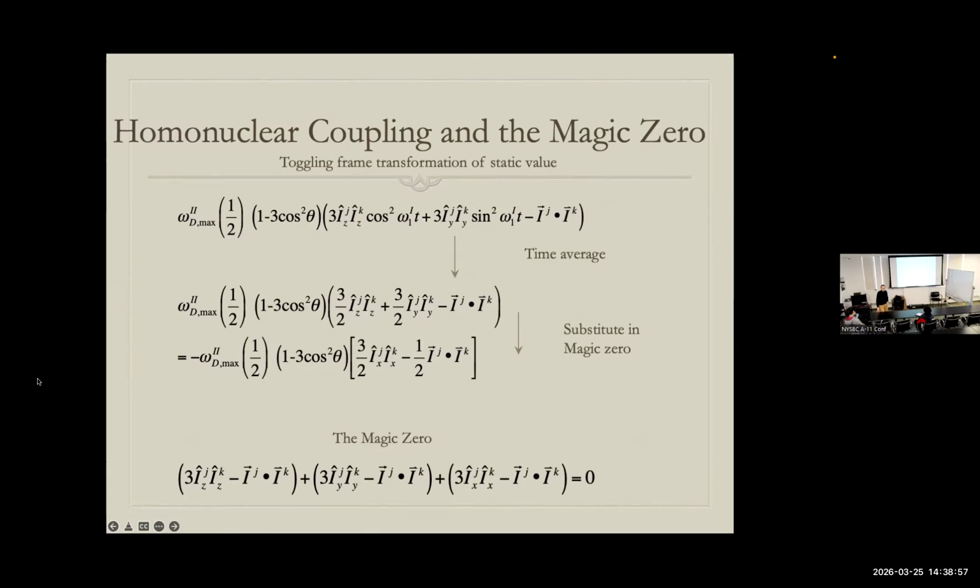But this family of experiments is intended to be done that way. Like there's one, I don't know if we'll have time to talk about it, a Lee-Goldburg sequence. It's a little bit different in geometry, but the way that the Hartmann-Hahn cross polarization is meant to be done is exactly what we just described.